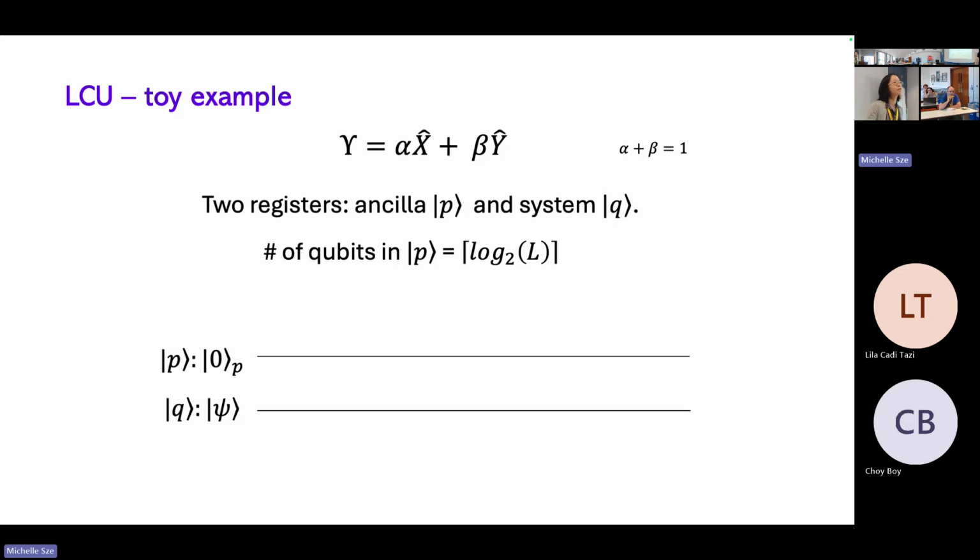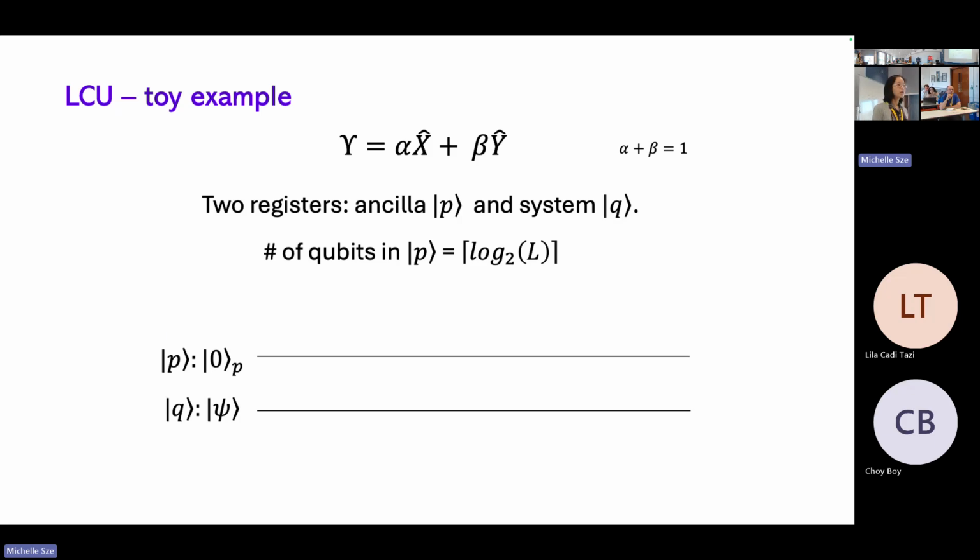To better understand LCU, we have to start with a very small example, which is a linear combination of unitaries. Here we have x plus y. As you can expect, since an LCU may not necessarily be a unitary, we may need to use an ancillary register for this.